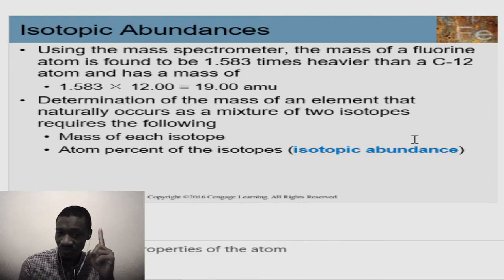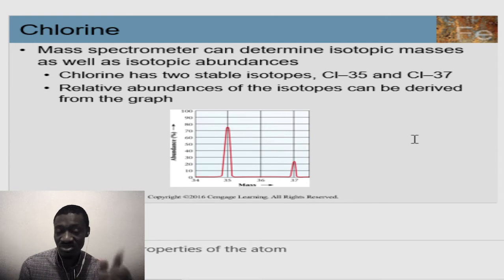Note that the first one we did was based on comparing the one that is known to the other of different elements or different atoms. Now you're doing it for the same element that has two different isotopes. Same element, two different isotopes. So what you do now, you compare the mass with the isotopic abundance, and we'll have a graph to show how this is done with chlorine.